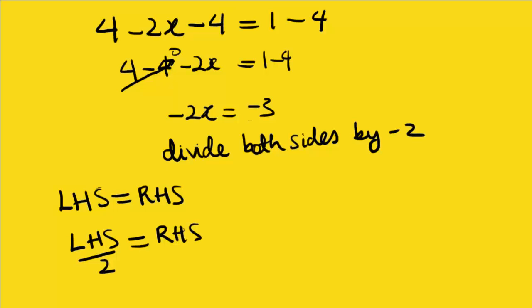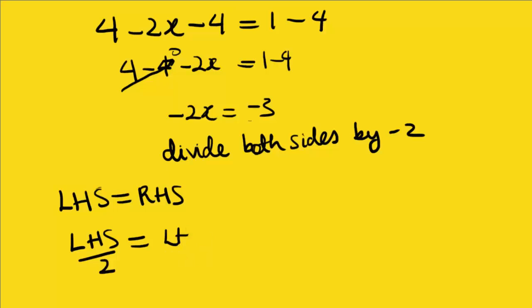Originally they're equal, so I can basically write the right hand side as the left hand side. Now that I've divided the left hand side by 2, they're no longer equal, unless of course I do the same thing. So you just have to do the same thing to both sides.